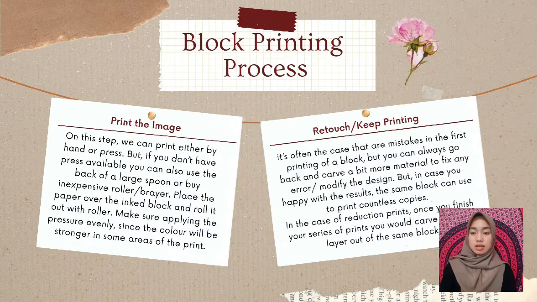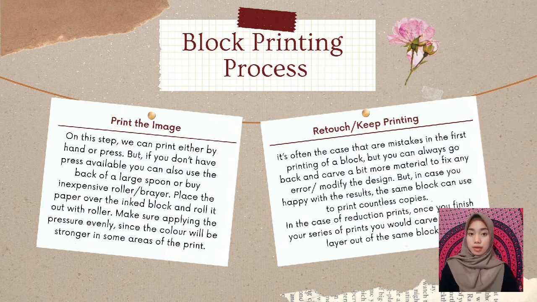And then print the image. At this stage, we can print either by hand or by press. But if you don't have a press available, you can also use the back of a large spoon or an inexpensive roller, which we can call a brayer.